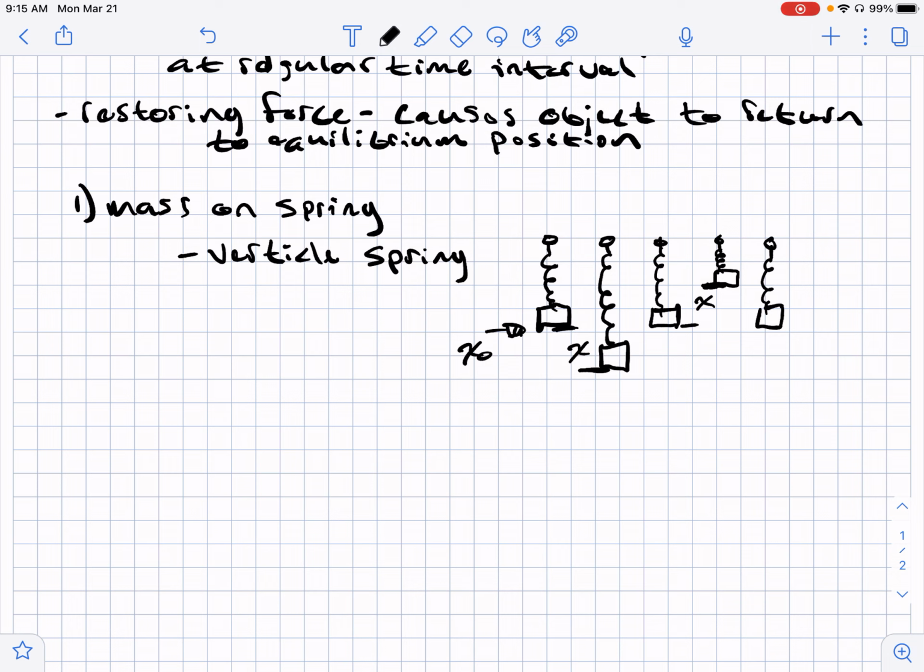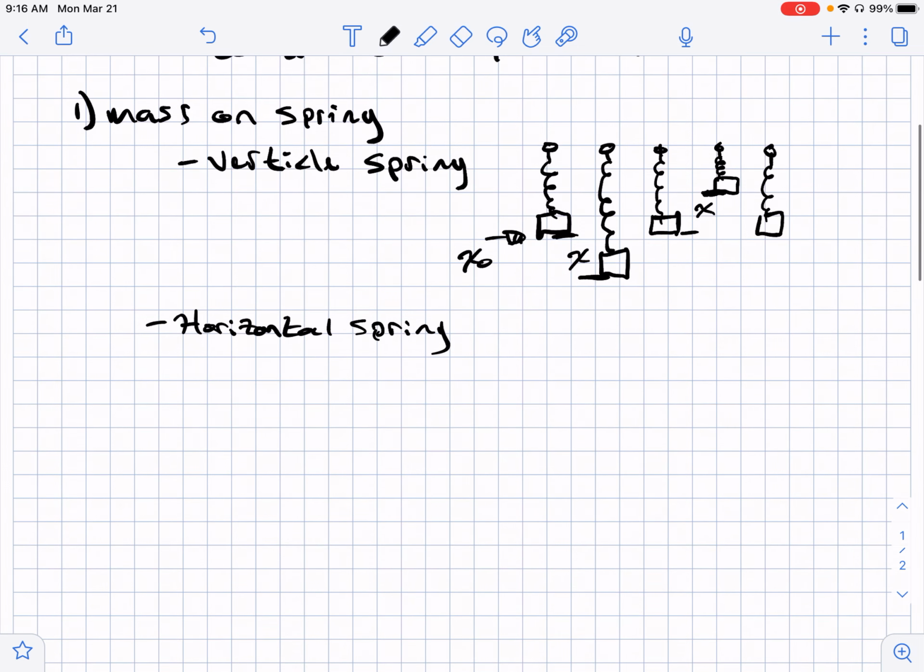So this is a vertical spring. We could also have a horizontal spring. A horizontal spring would basically be the same thing, except it's on some kind of horizontal surface.